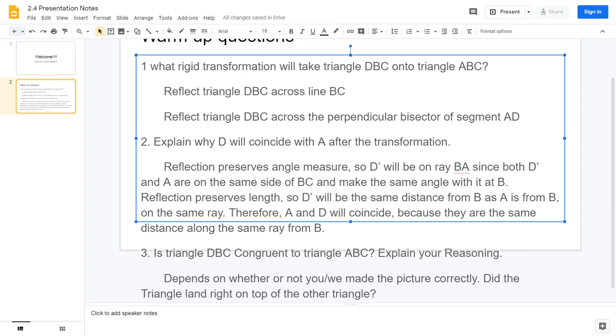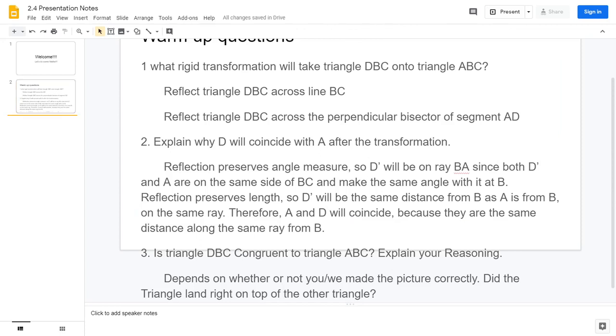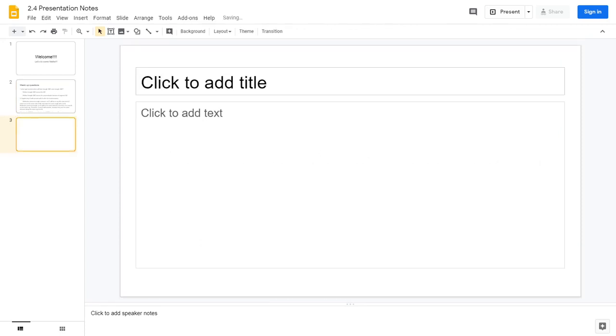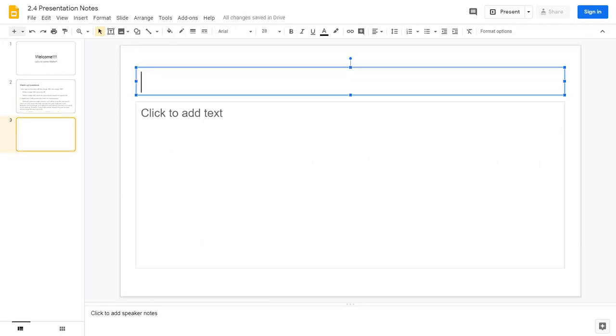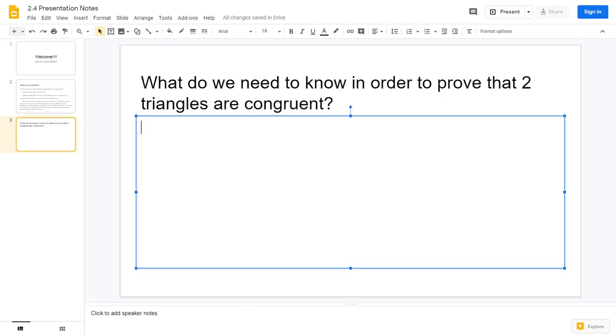So let's move on to some new stuff. The topic for today's lesson is, what do we need to know in order to say that two triangles are congruent? Before, we said that if all pairs of corresponding sides and all pairs of corresponding angles are congruent, then those two triangles have to be congruent.